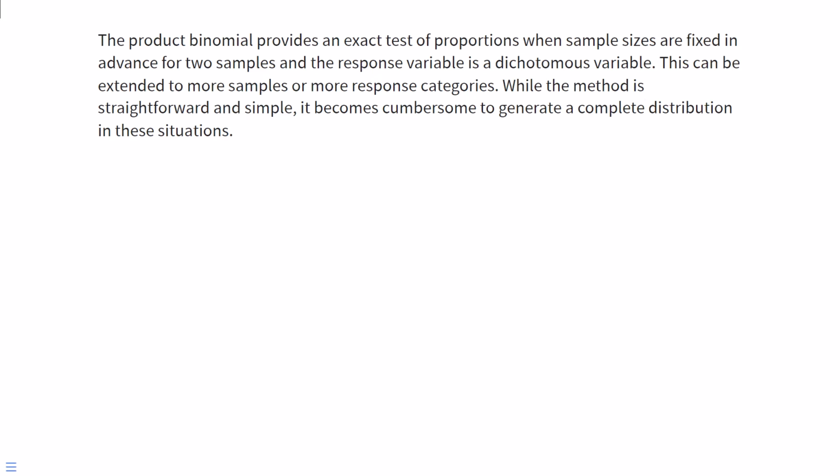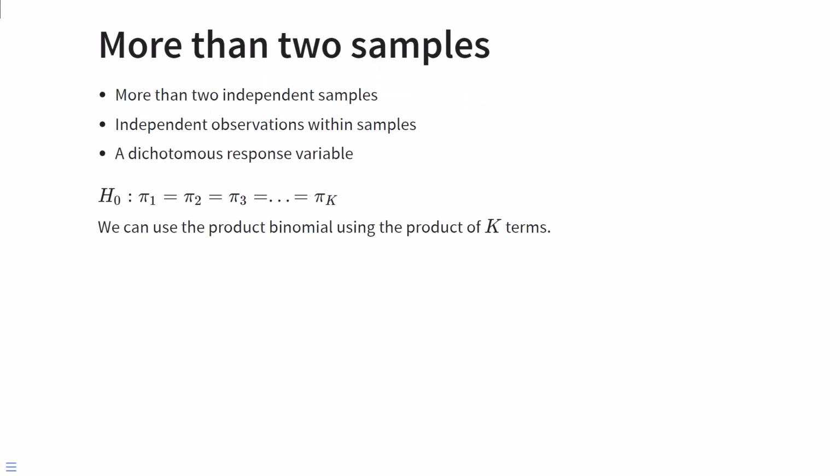While the method is straightforward and simple, it becomes cumbersome to generate a complete distribution in these situations. For more than two samples, we have more than two samples that are independent of one another. The observations within those samples also need to be independent of each other.